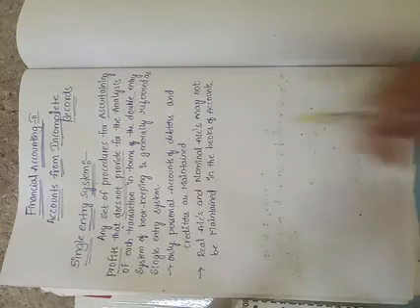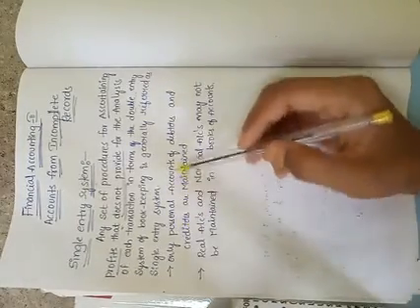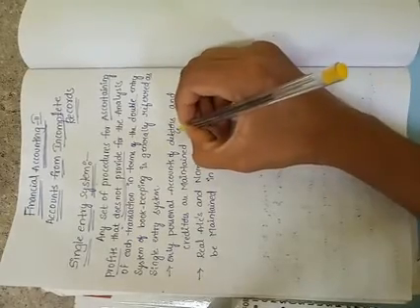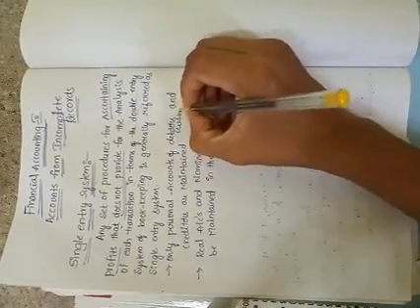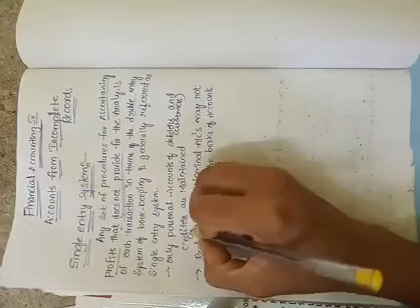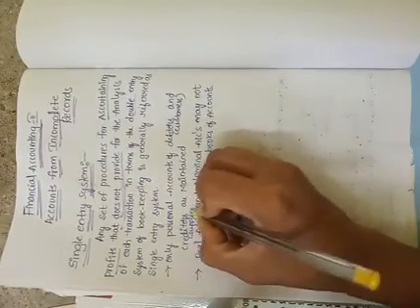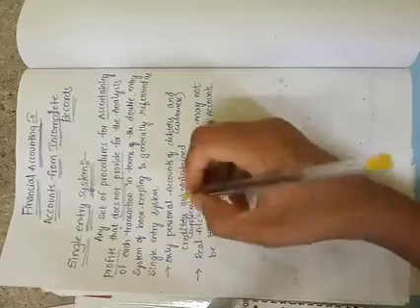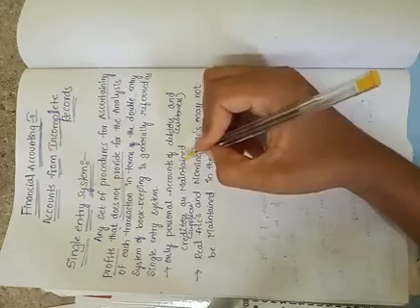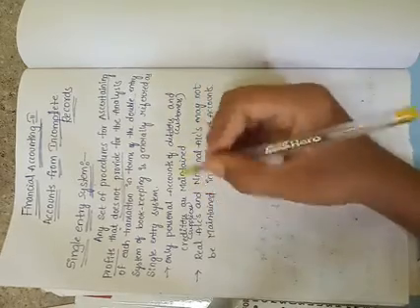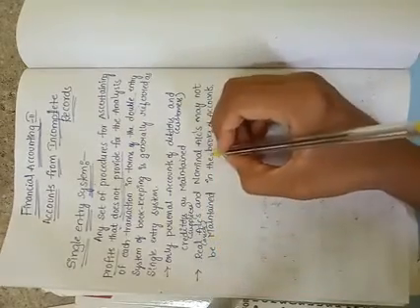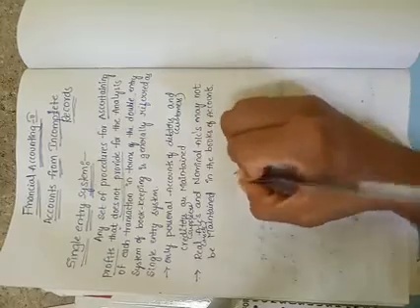So according to the single entry system, only personal accounts of debtors, meaning customers, and creditors, meaning suppliers, are maintained, but real accounts, meaning assets, and nominal accounts may not be maintained in the books of accounts.